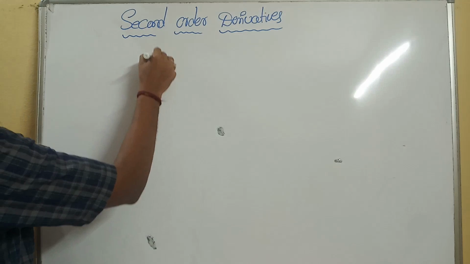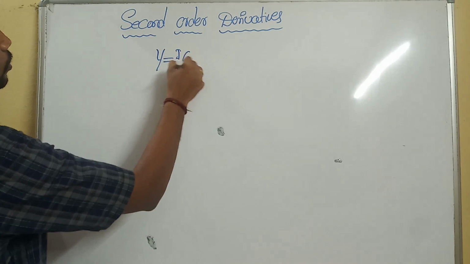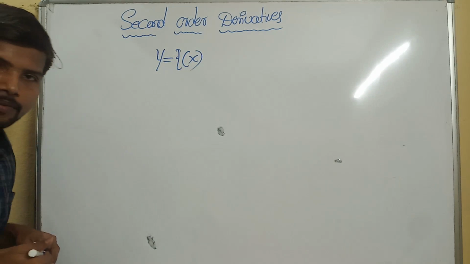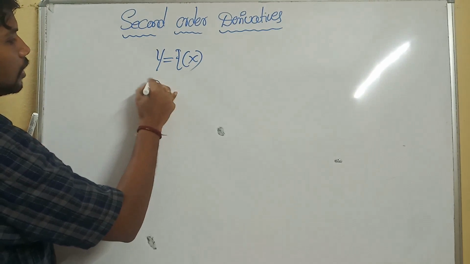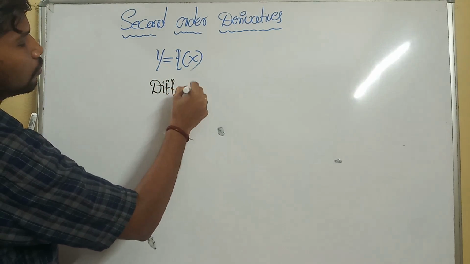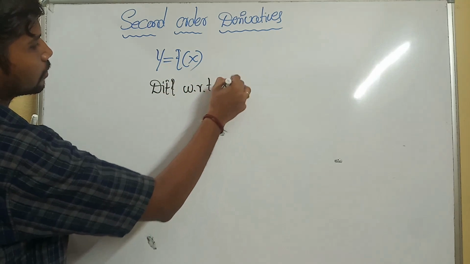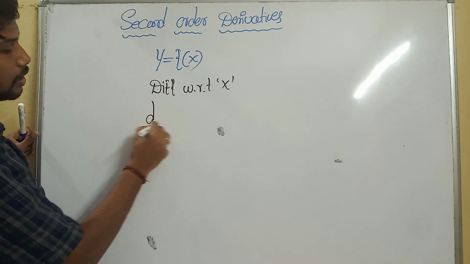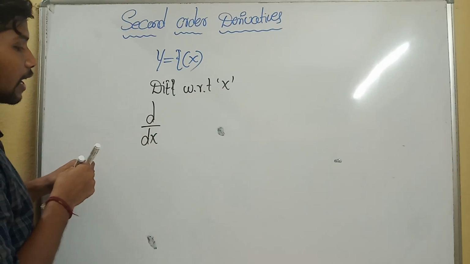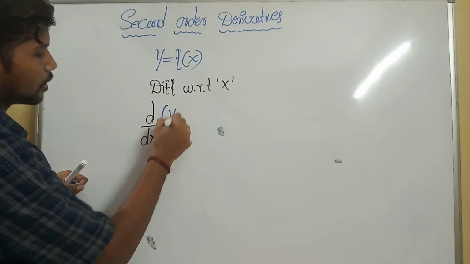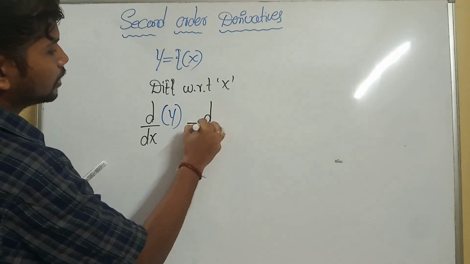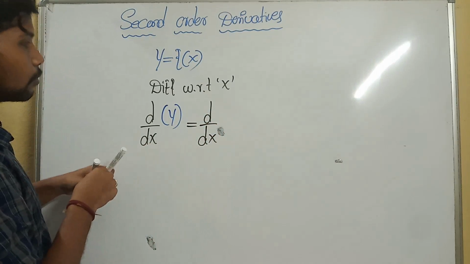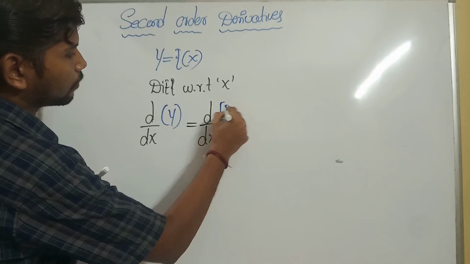The given function is y is equal to f of x. Now differentiating with respect to x, it will be d by dx of y on the left, and on the right d by dx of f of x.